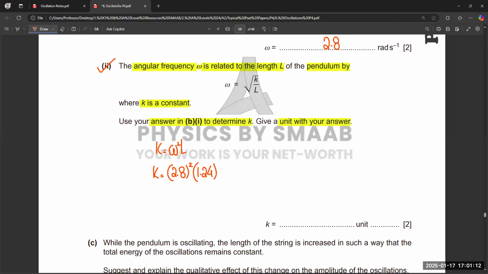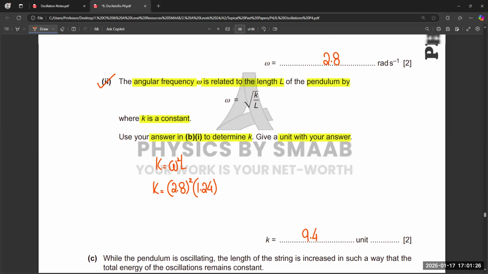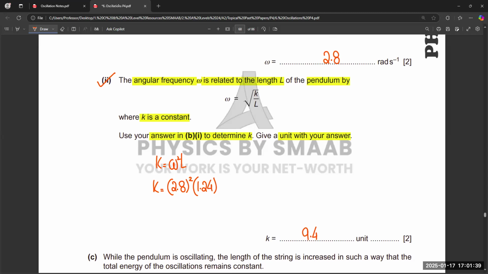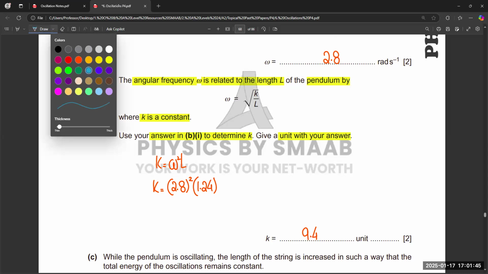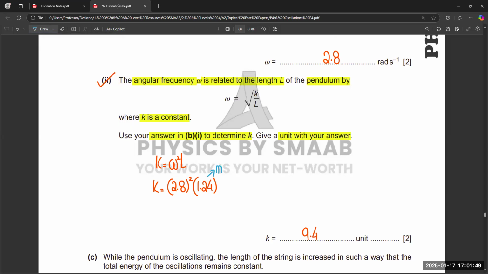And they want the unit. Okay, for the unit, we have radians per second from omega, squared, and from length we have only meter. It would be rad squared s to the minus 2 meter. But because we are using length, it gives you meter, and radian is not an SI unit, right?